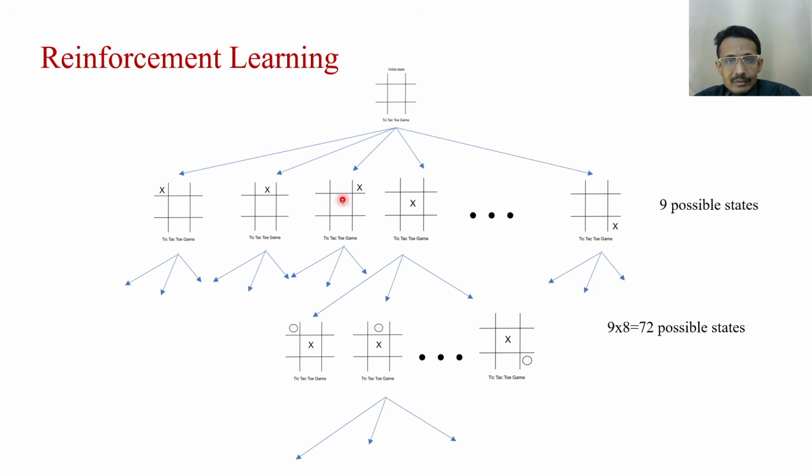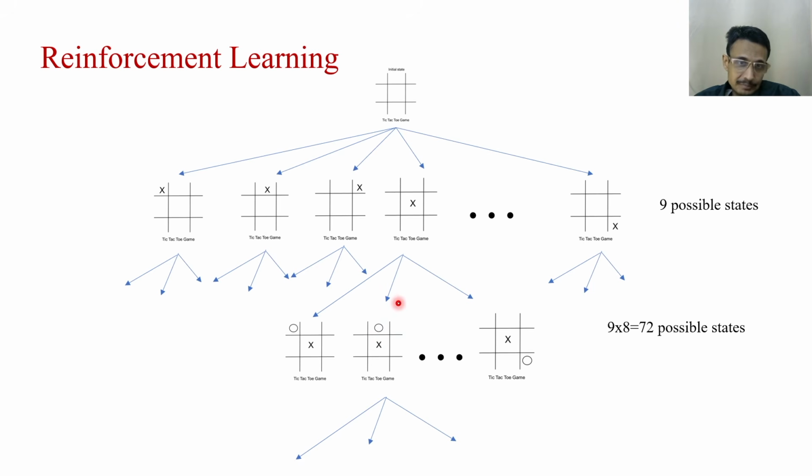Now what is required for a machine is that given a particular state, it can choose a particular move or action such that it ensures that this path may be a winning path, or at least a draw, not losing the game.